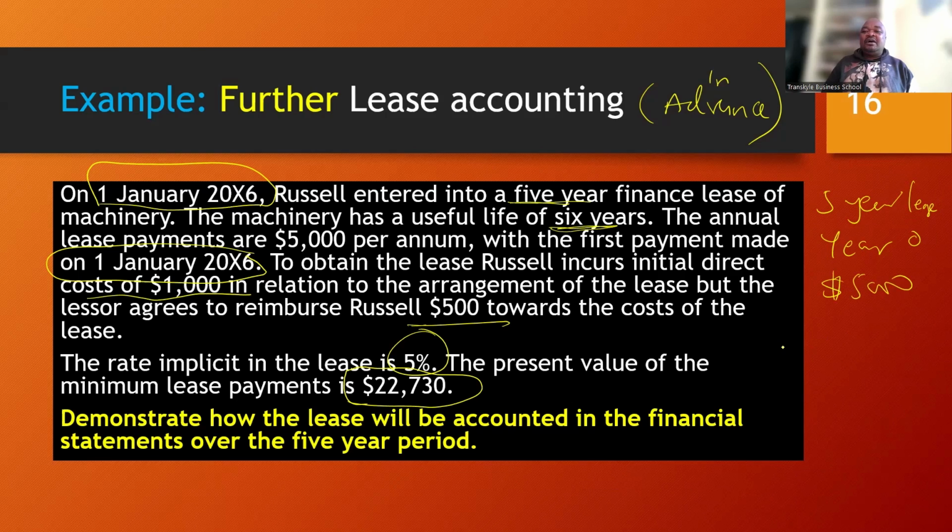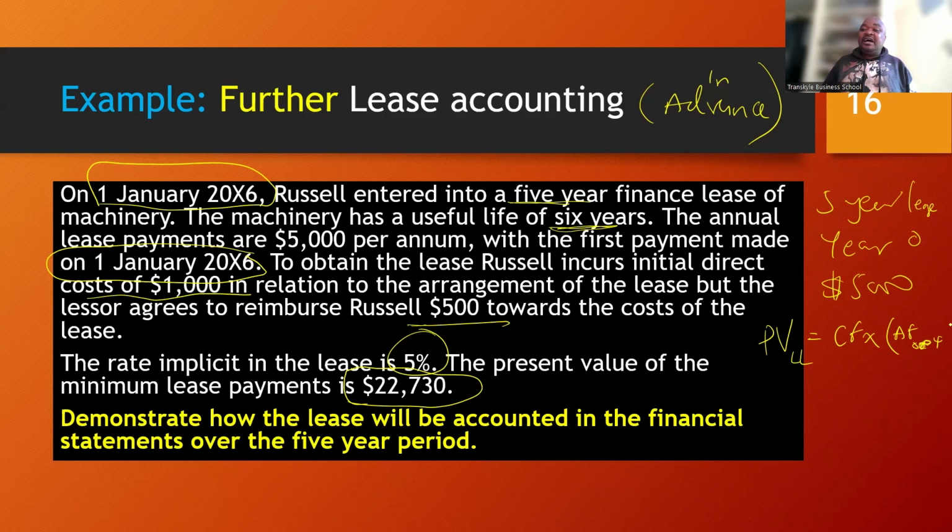So the present value of the lease liability is equal to the cash flow multiplied by the annuity factor for 0 to 4 years.